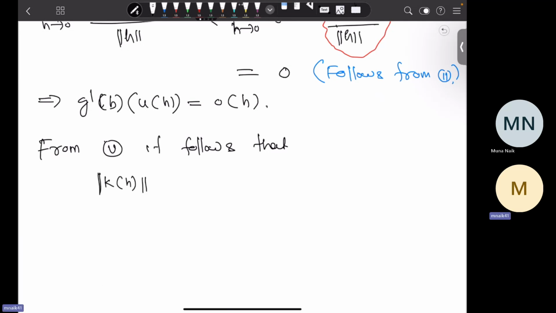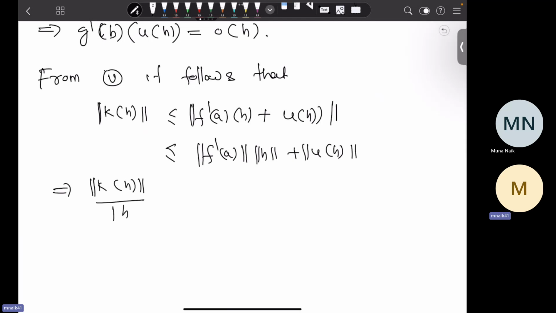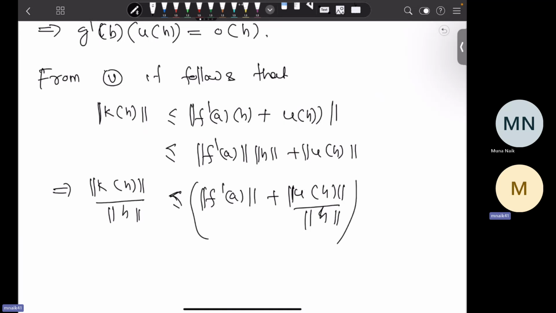norm of kh is less than or equal to norm of f prime of a applied to h plus u of h. This is less than or equal to norm of f prime of a into norm of h plus norm of uh, and norm of kh by h is less than or equal to norm of f prime of a plus norm of uh by h.